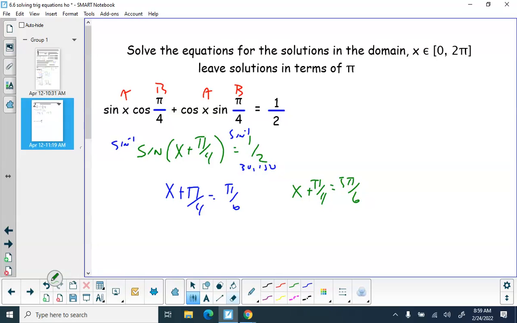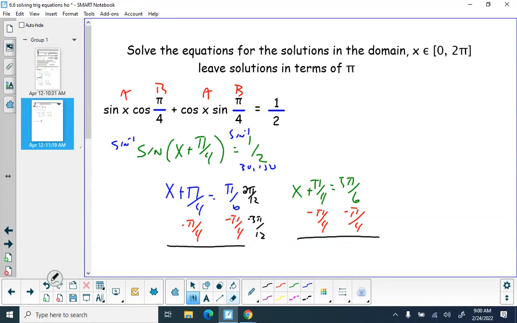Again, subtract your pi over 4 from both sides. Once again, I usually leave some space out here, so it allows me to get my common denominator and redo my fractions. Common denominator of 12. So we have 2 pi over 12 minus 3 pi over 12.